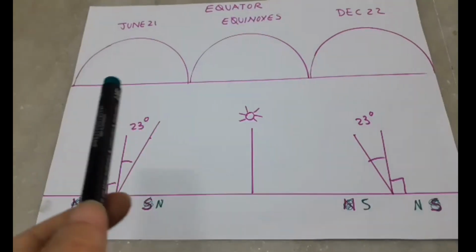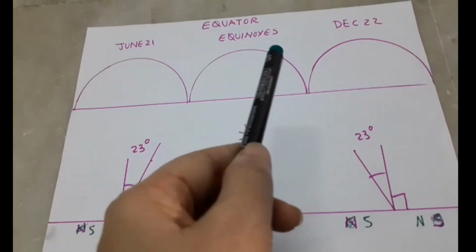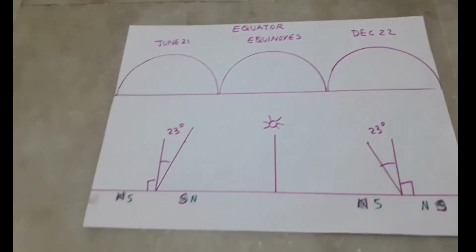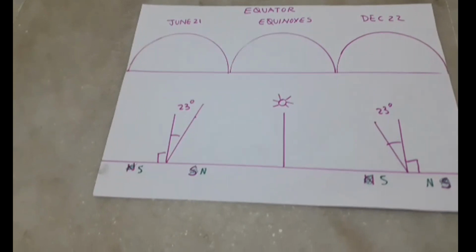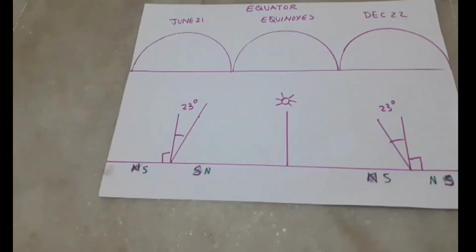This is the model for the equator. You have the sun making an angle of 23 degrees towards the north in summer, and it leans 23 degrees towards the south in winter, and it's directly overhead on the equinox days at noon.